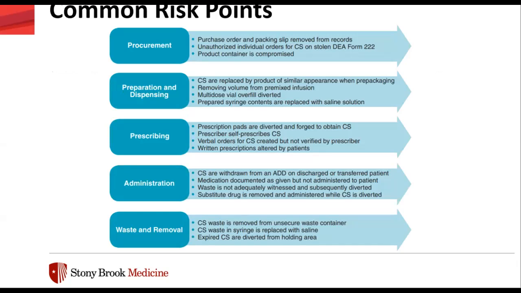The common risk points in terms of procurement are if you purchase an order and the packing slip is removed from records, unauthorized individuals order controlled substances on a stolen DEA form, and the product container is contaminated. In terms of preparation and dispensing, removing volume from premixed infusions, and preparing syringe contents that are replaced with saline solution as well. We've seen that multiple times in regards to drug diversion incidents in the past.